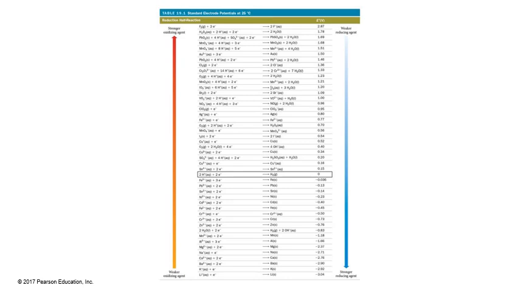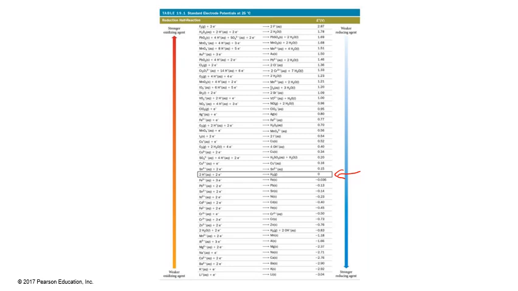So our SHE, or standard hydrogen electrode, is defined to be exactly 0 for our potential. Now everything else that is listed is comparing the tendency for these reactions to occur relative to the reduction of our hydrogen electrode under standard conditions.